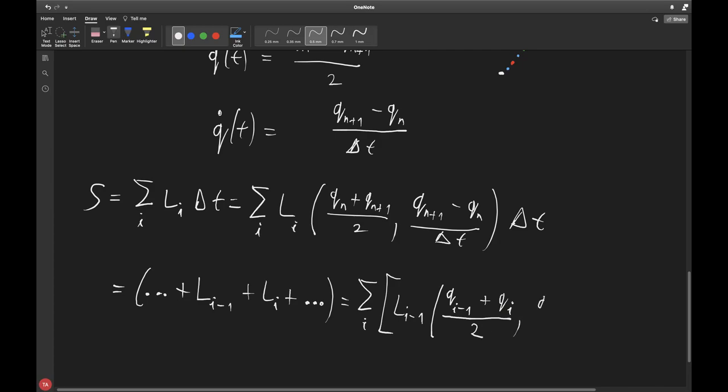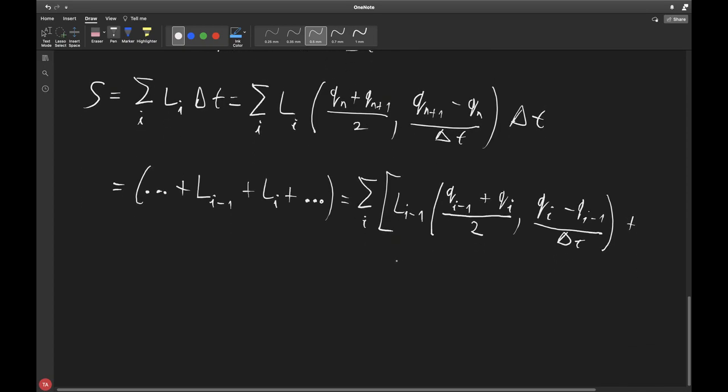And then we have q_{n+1}, which leads n minus i minus 1 plus 1, again just leads to q_i. And from that we subtract q_{i-1}, and this all is divided by delta t. And then the next element is where L was in the i position.